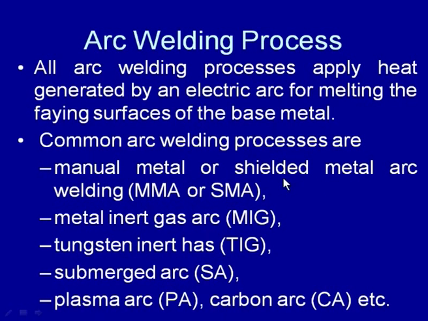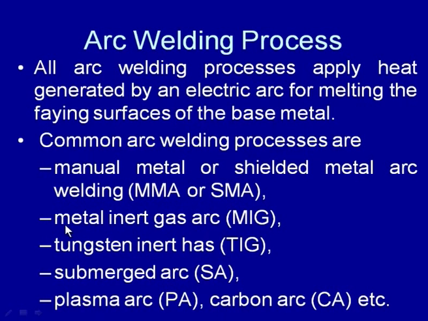One is manual metal arc welding, also known as shielded metal arc welding, abbreviated as MMAW or SMAW. Metal inert gas process uses inert gas for shielding the welding arc and the weld pool so as to protect from atmospheric contamination.